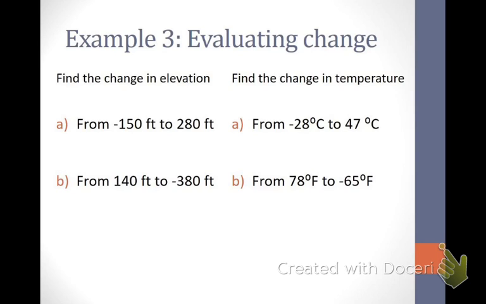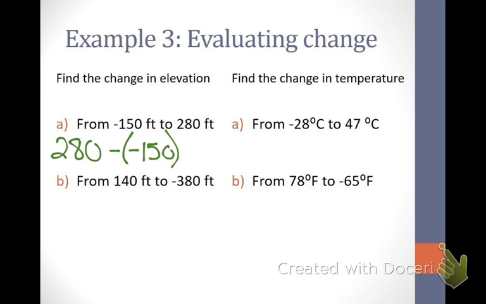All right, so now let's look at that. We're going to use that formula from -150 to 280. Well, which one of these, -150 or 280, is the new elevation? 280. That's where I end up. So new minus, what's the original? -150. So here's exactly what I was just talking about.